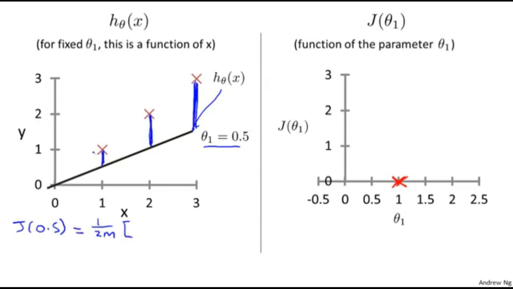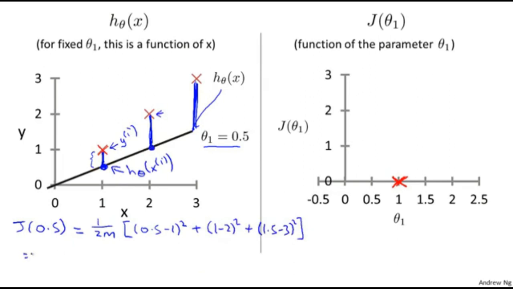Because this vertical distance is the difference between y_i and the predicted value h of x_i, right? So for the first example, this is going to be (0.5 minus 1) squared, because my hypothesis predicted 0.5, whereas the actual value was 1. For my second example, I get (1 minus 2) squared, because my hypothesis predicted 1, but the actual housing price was 2. And then finally, plus (1.5 minus 3) squared.